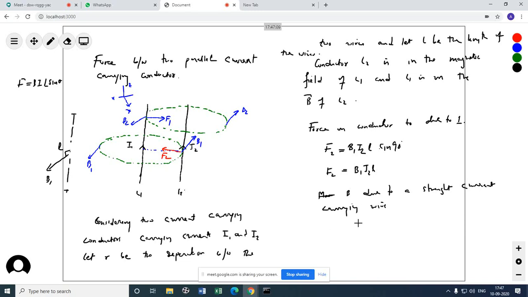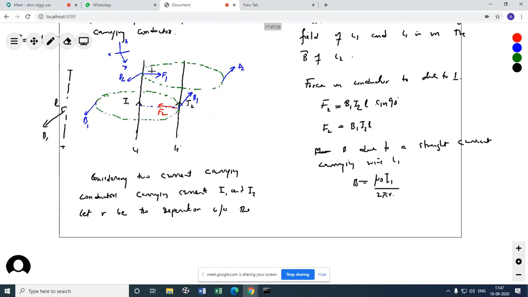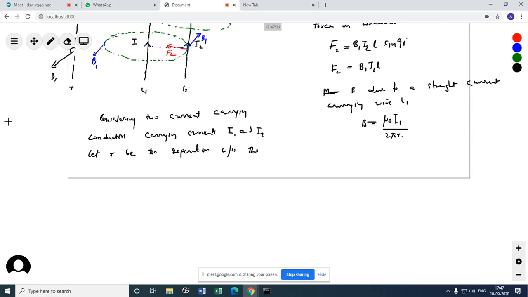We have derived this relation: for the straight current carrying wire, B1 would be mu naught I1 by 2 pi r. You have derived this, remember? I have also taught you that if it is theta, then the relation will be B equals mu naught I by 4 pi r into theta. I have taught you this relation also, right?